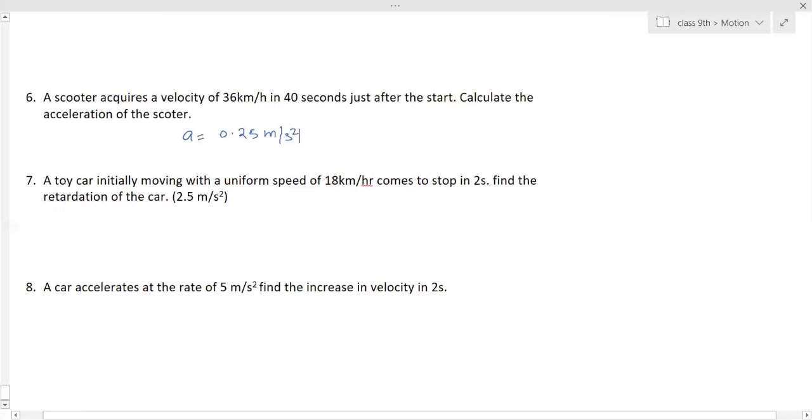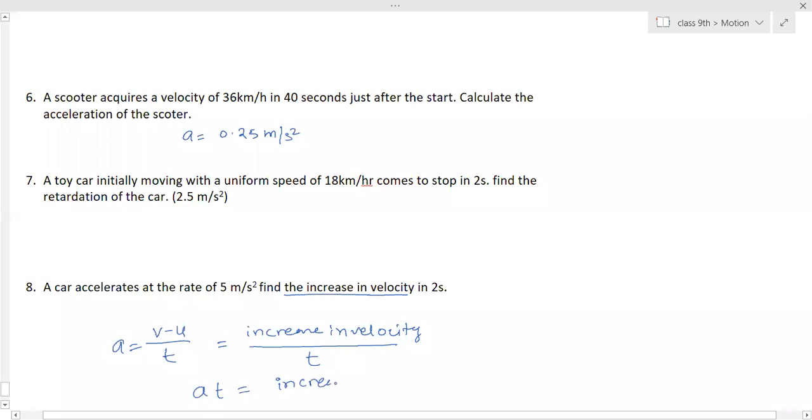Ma'am, the 8 question's answer is 10. Yes. They have asked the increase in velocity. So acceleration is equal to V minus U by T. V minus U is the increase in velocity, no? Change in velocity divided by T is equal to A. So A into T is the change in velocity.